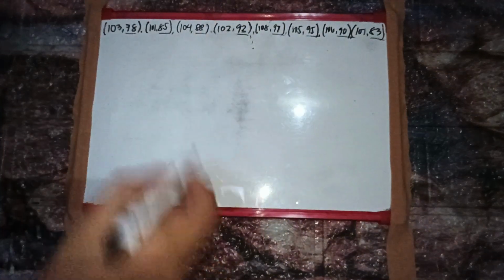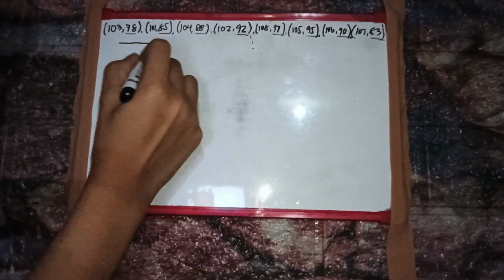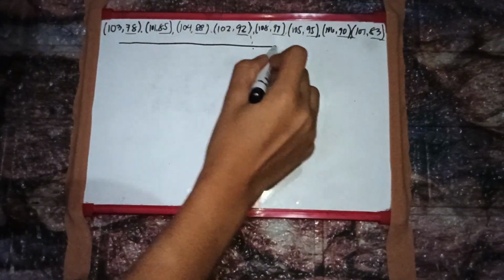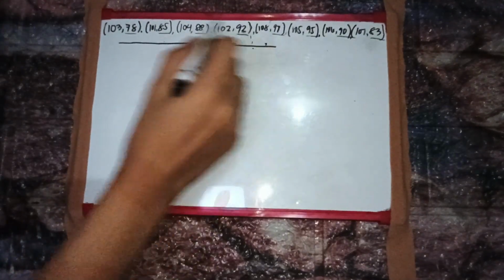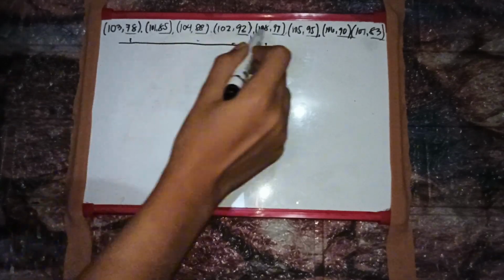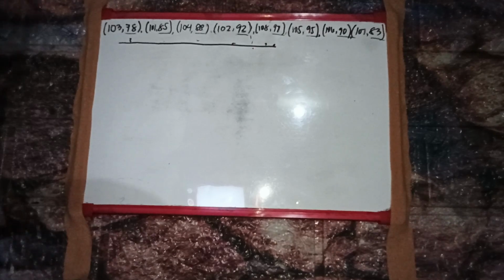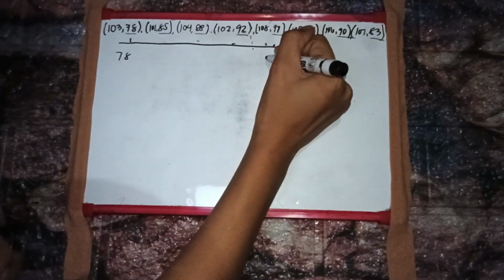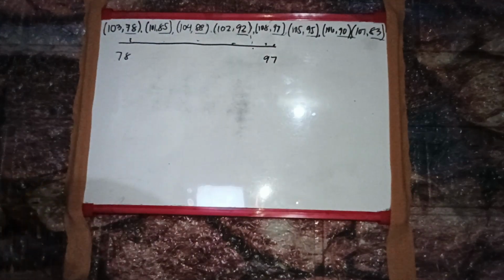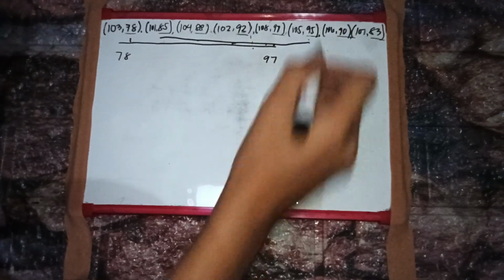Since 8 divided by 2 is 4, now we're going to compare by the 4 arrow lines: 1, 2, 3, and 4. Let's compare 78 and 97. Since 78 is less than 97, we're going to write it as is. Then 85, compare it to 95.